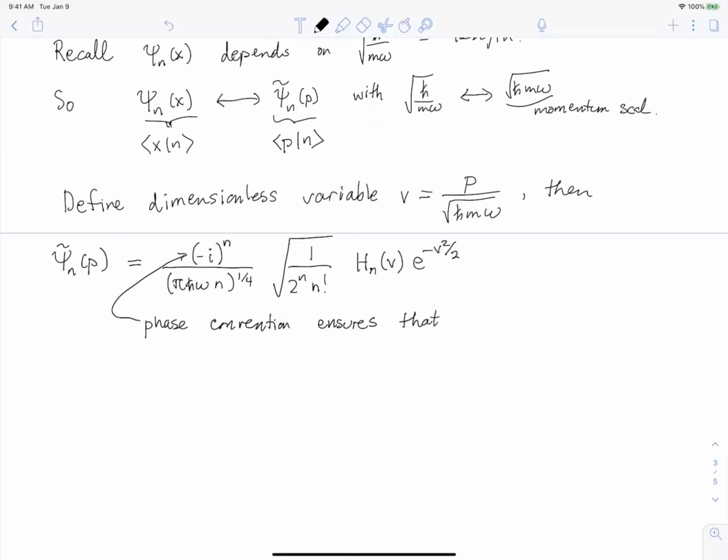This thing we've just written down, the momentum space wave function, should be, by completeness, the integral from minus infinity to infinity dx of the overlap of p with x, times the position space wave function. And this thing we already chose the phase for. So we don't get to choose it again.